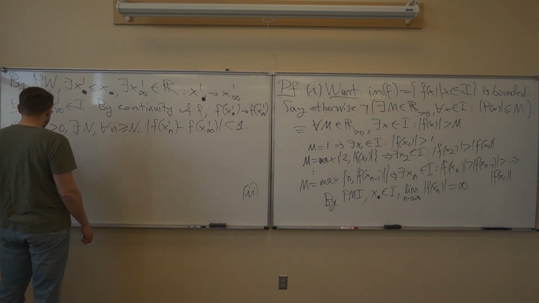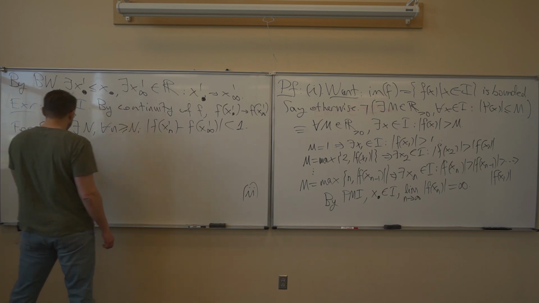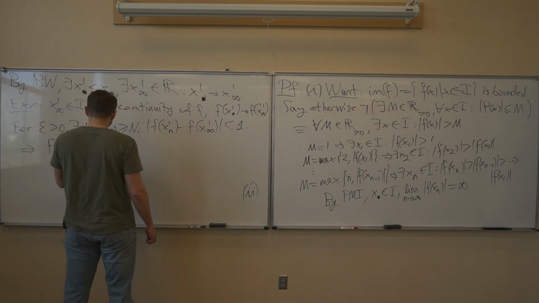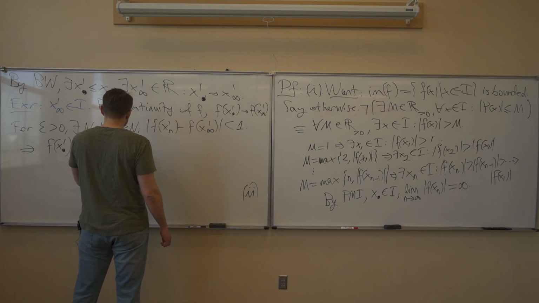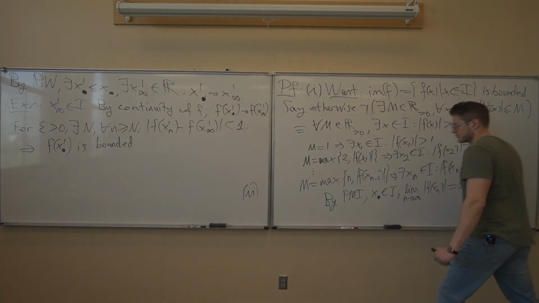Which means that f of x prime bullet is bounded, which is a contradiction with this.